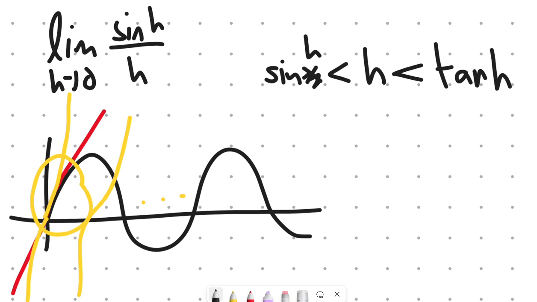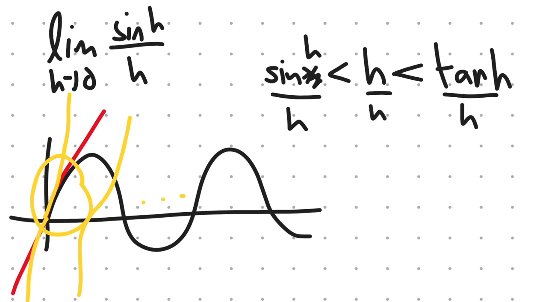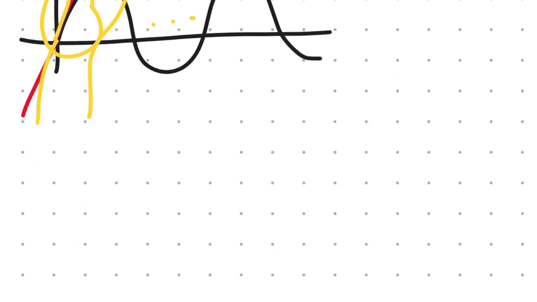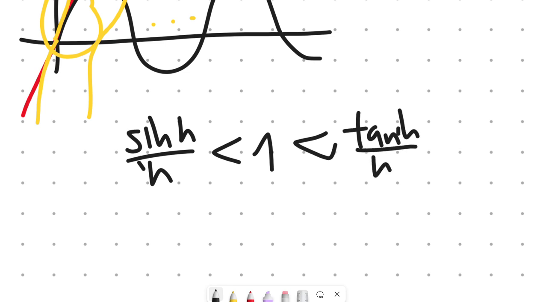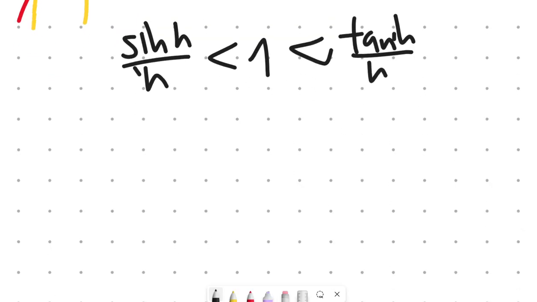Now we have the expression sine of h over h, so we'll divide everything by h. And we still see that sine of h over h is smaller than 1, which is smaller than tangent of h over h. Now what is tangent? Tangent is sine of h over cosine of h.